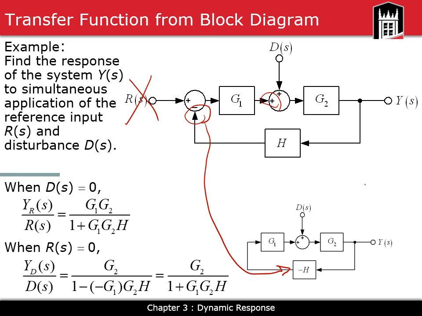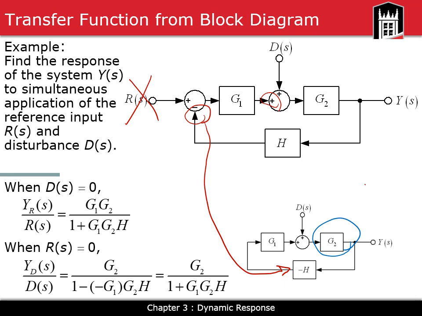Now, if I want to find the transfer function from D to Y, I have a feedback loop here. In this feedback loop, this is where we have to be a little careful. In this feedback loop, the feed-forward transfer function is only G2, not G1 times G2.